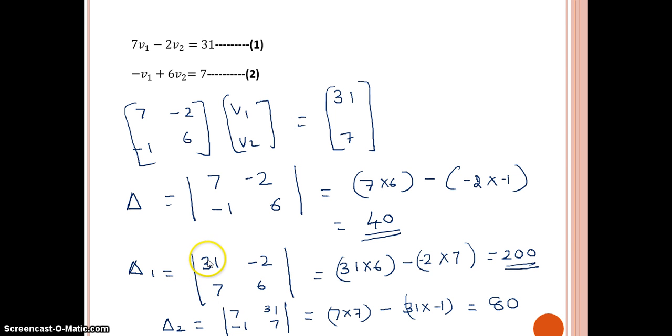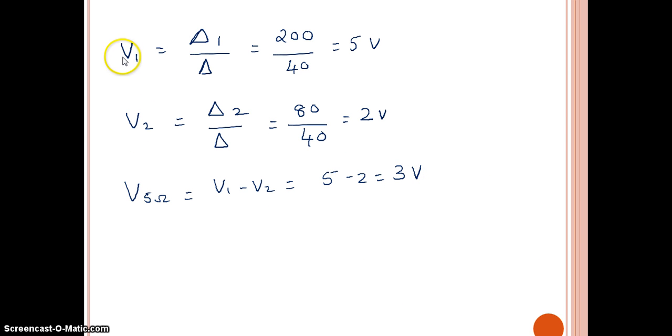For delta 1, we replace the first column by 31 and 7. For delta 2, we replace the second column by 31 and 7. We get delta 1 as 200 and delta 2 as 80. Now V1 is delta 1 by delta, which is 5 volts. V2 is delta 2 by delta, which is 2 volts. And the voltage across the 5 ohm is V1 minus V2, which is 3 volts.